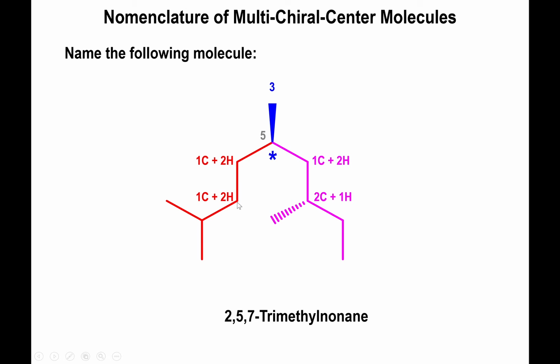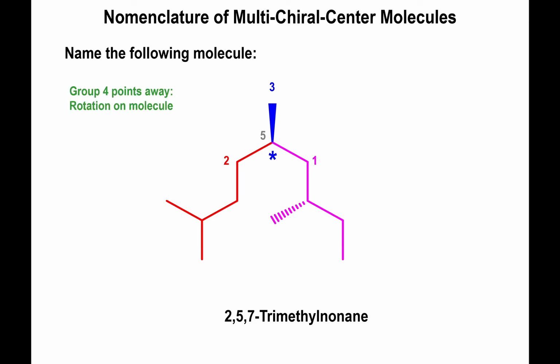CH2 is lower priority than CH. So this tells us that the first priority is the pink segment, the second priority is the red segment, and of course the methyl group was priority 3. And since this carbon has to have 4 things bound to it, priority 4 is the hydrogen that hasn't been written out because it's the bond line formula.